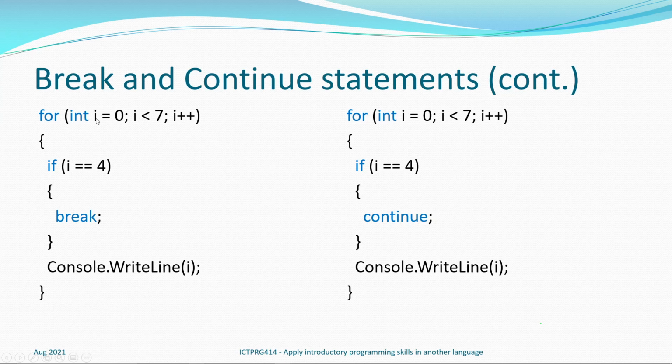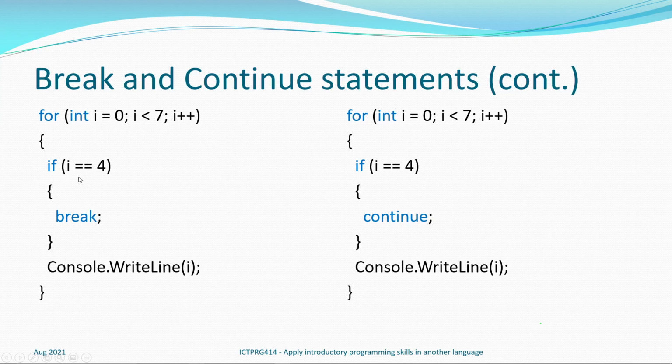So for int i = 0, and statement 2 is the condition, while i is less than 7, and the increment is i++, so it's incrementing i by 1.